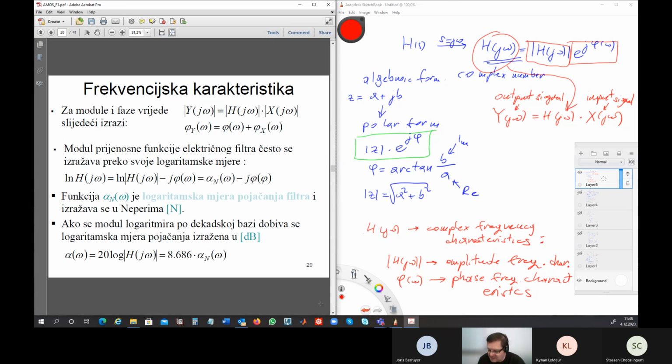How we can separate it into the process of calculation.